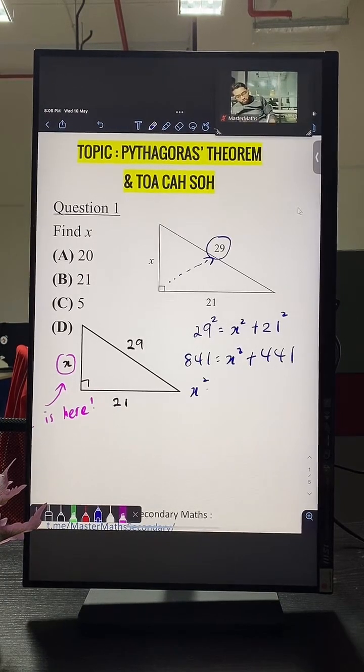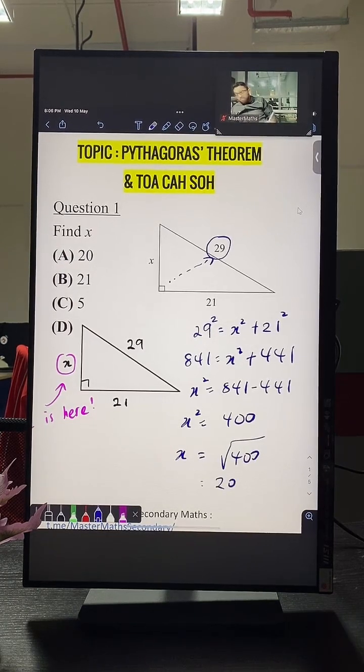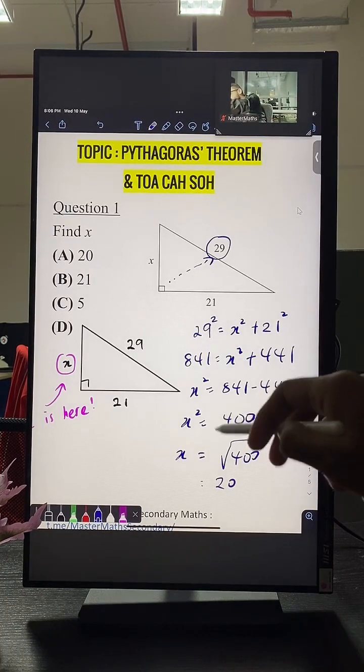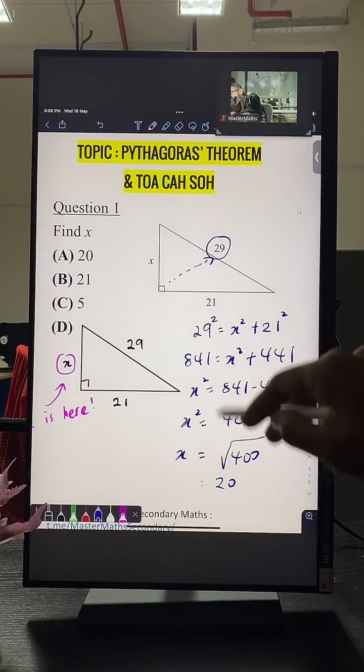So x square is just 841 minus 441. Alright, x square is 400, and x is going to be equal to the square root of 400, and that is just 20. Each and every time you square root something, you usually put the plus and minus.